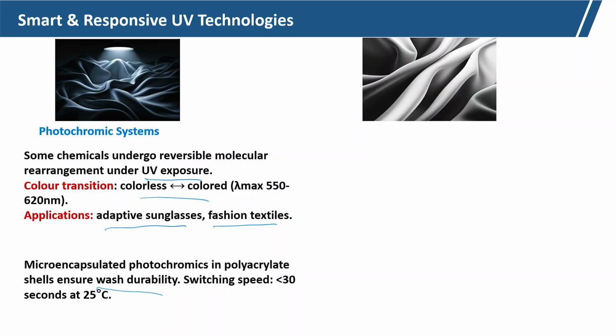Less than 30 seconds is the switch speed, so within 30 seconds it changes the color and provides the required protection. This is a responsive one, and then the thermochromic indicator. So, we can see what the temperature is and how the temperature is changing by absorbing the UV radiation.